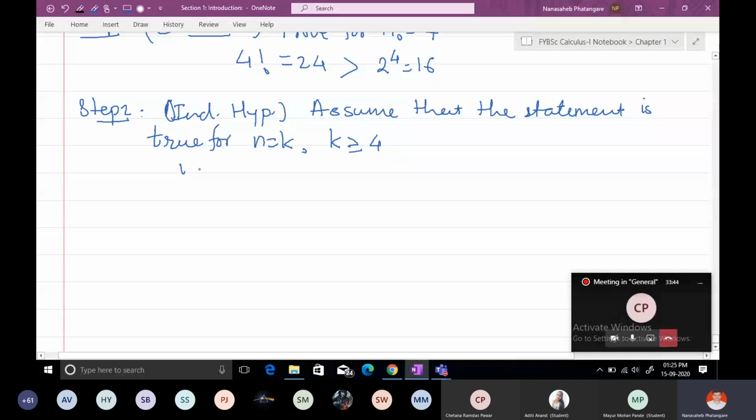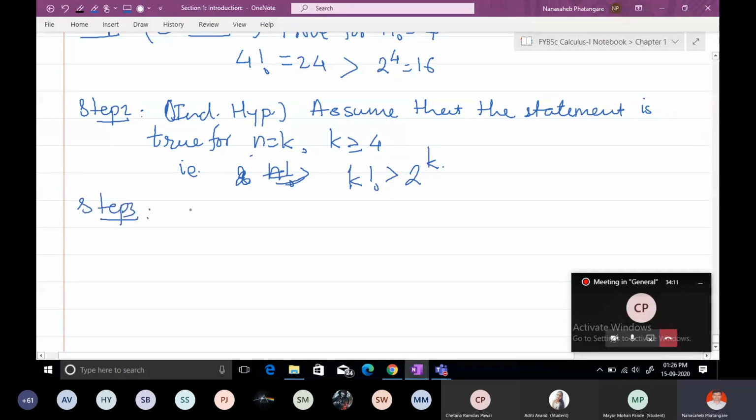We are very sure that k must be greater than or equal to 4. And what is our statement? k factorial is greater than 2 raised to k. This is our statement. Okay, so now step 3.